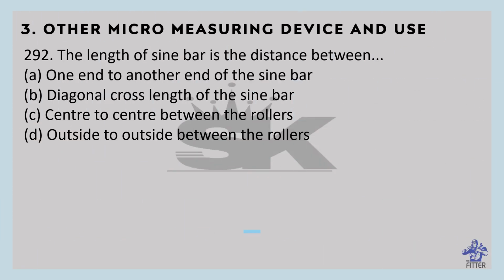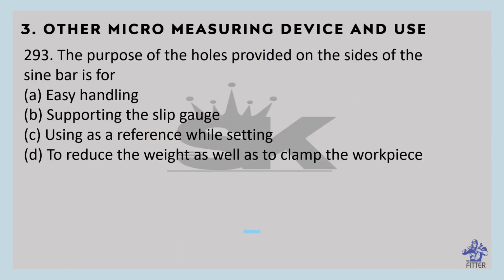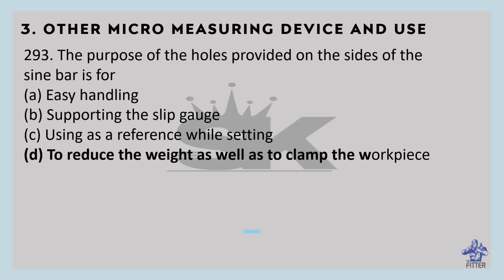The length of a sine bar is the distance from center to center between the rollers, option C. The purpose of the holes provided on the sides of the sine bar is easy handling, supporting the slip gauges as a reference while setting, reducing the weight, as well as clamping the workpiece. So option D.